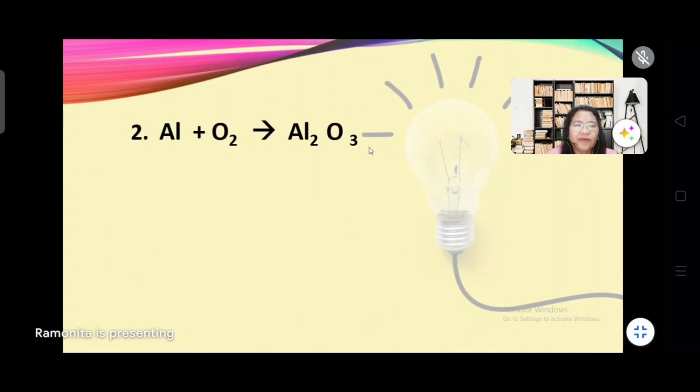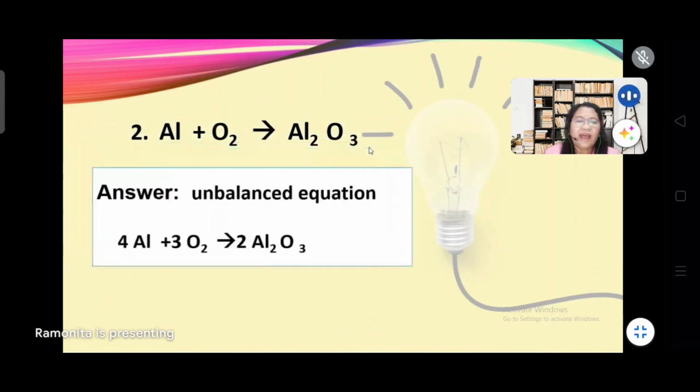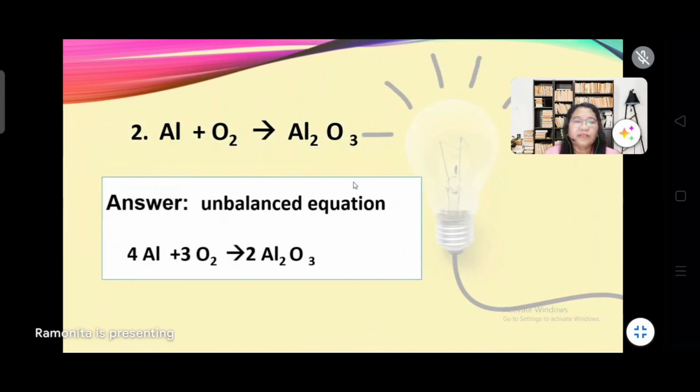Okay, very good. It is an unbalanced equation. And below that one, this is the correct balanced equation. You have 4 moles of aluminum and 3 moles of oxygen produce 2 moles of aluminum oxide.